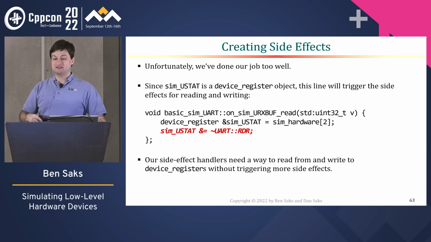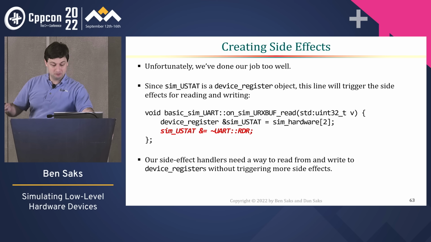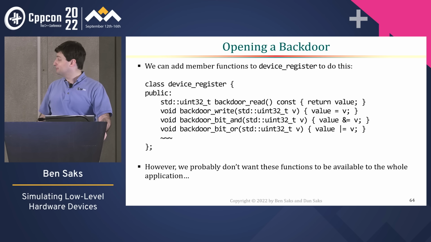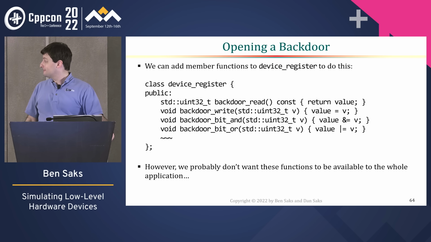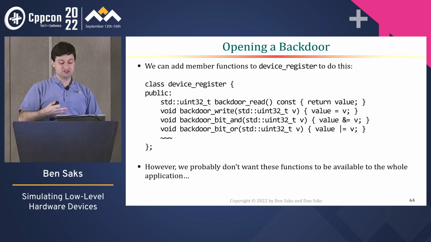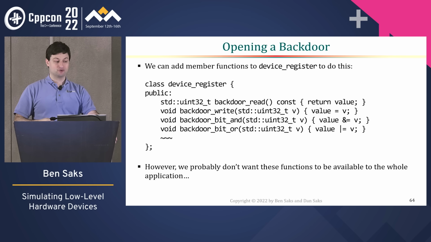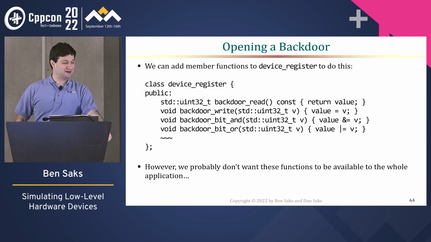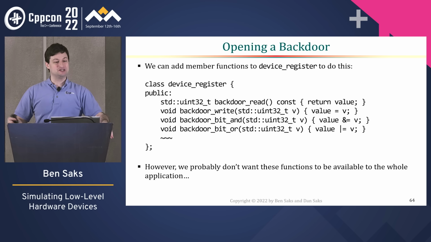Well, again, there are lots of ways that I think we could do this. We could add some member functions to device register that provide a backdoor through which we could make these kinds of changes or read from the value without triggering these side effects. That said, I wasn't really comfortable making these public members of device register. That exposes them to the whole application.